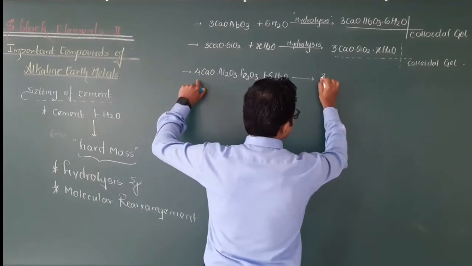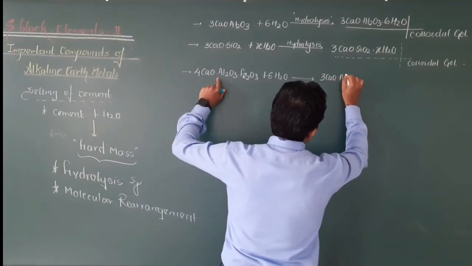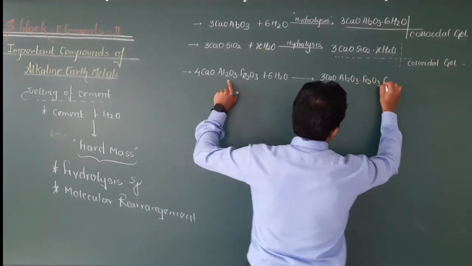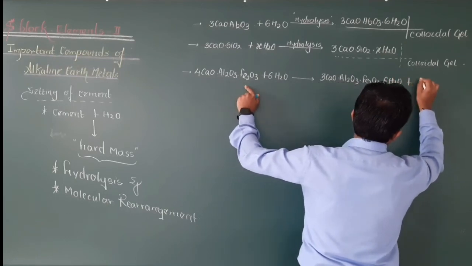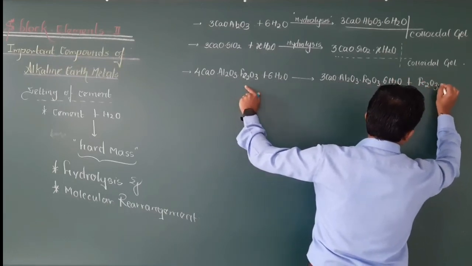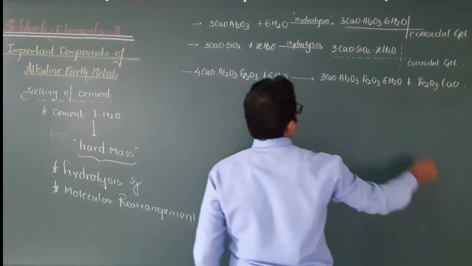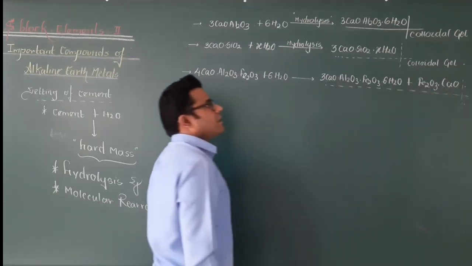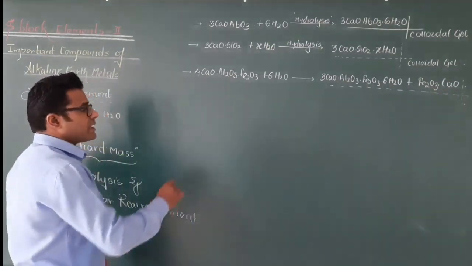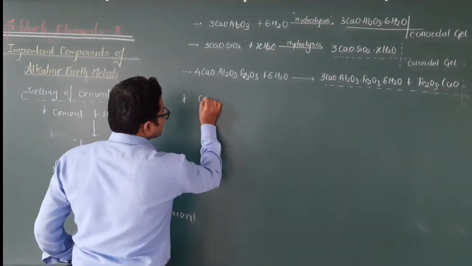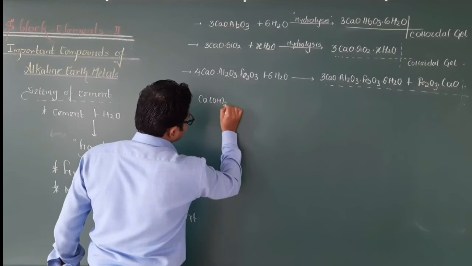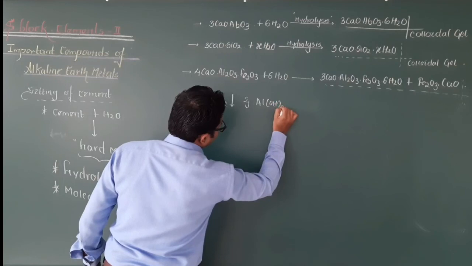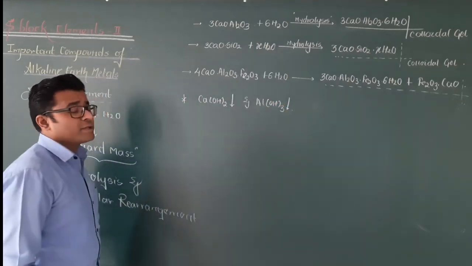What we get here is 3CaO·Al2O3·Fe2O3·6H2O along with the liberation of Fe2O3·CaO. Again, this entire thing is going to form in a colloidal gel form. At the same time, during these reactions, calcium hydroxide and aluminum hydroxide are precipitated down.